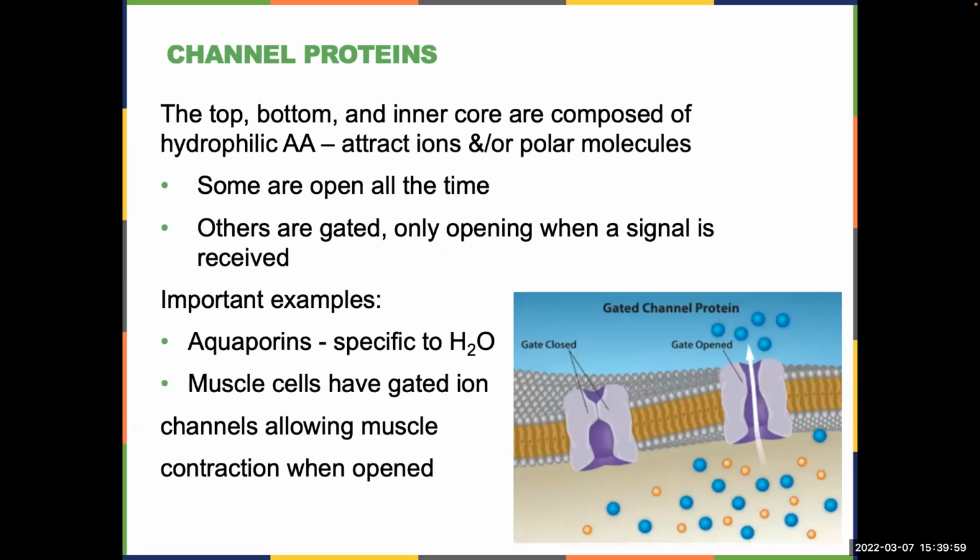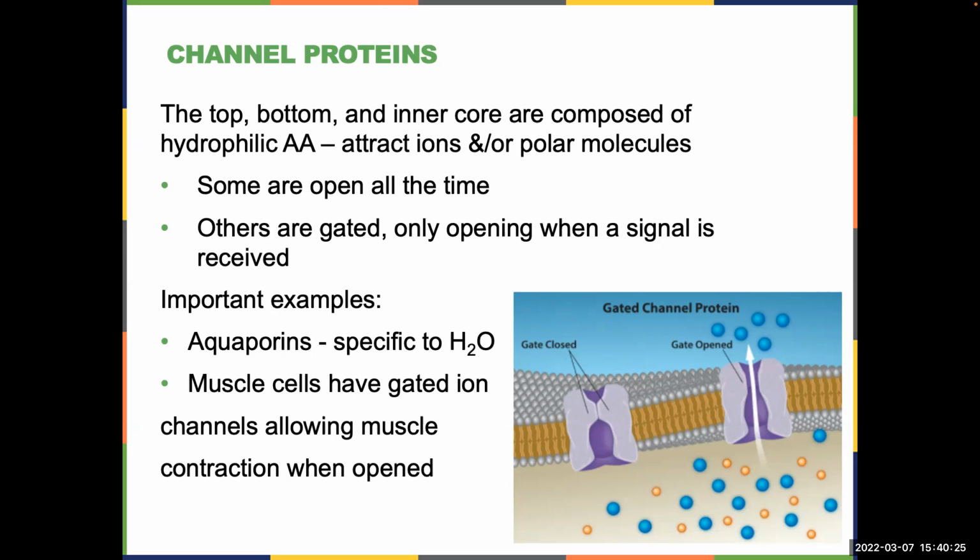So channel proteins, we'll see some of them are open all the time, and some of them open in response to that solute being present. So for example, aquaporins are specific to water. They're typically always open, and water can just pass freely through.